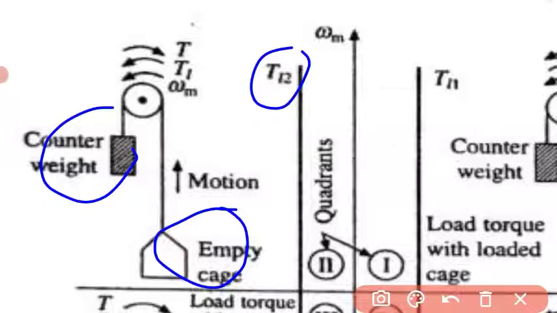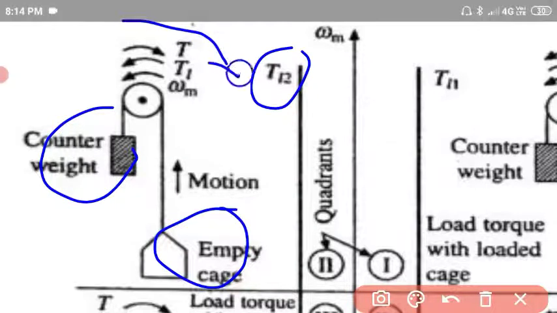Since the speed is positive and developed power is negative, it is forward braking operation. What happens here, if you look at this, the torque is in this direction.